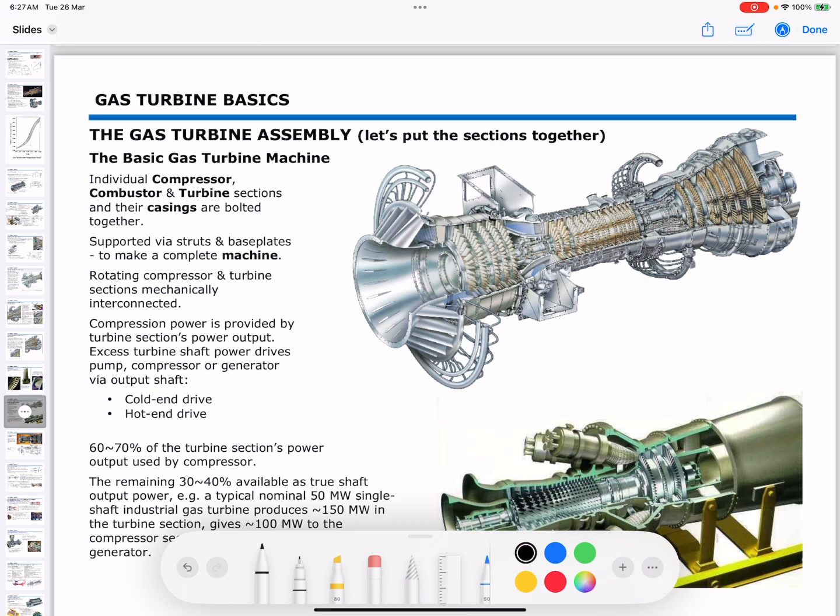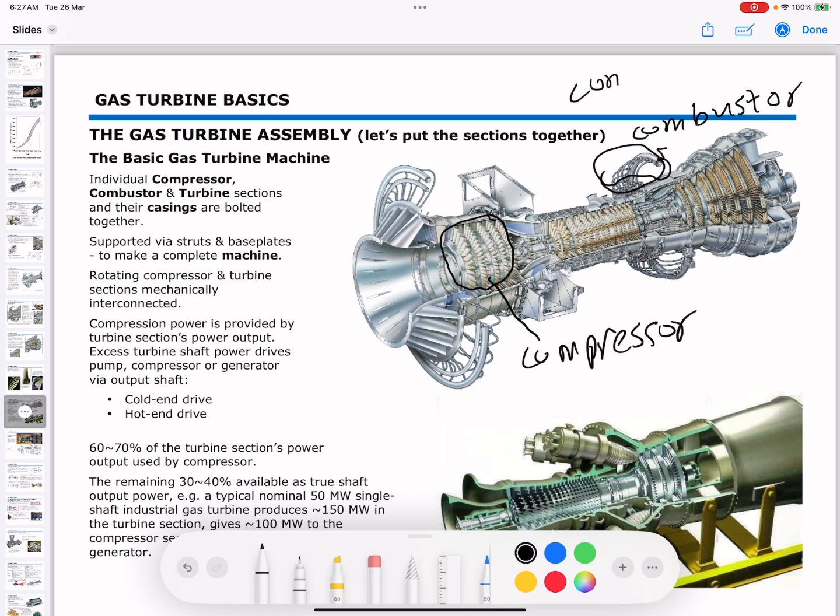So here we have a compressor, and here we have the compressor. Here we have the combustor, or we can call it the combustion chamber.